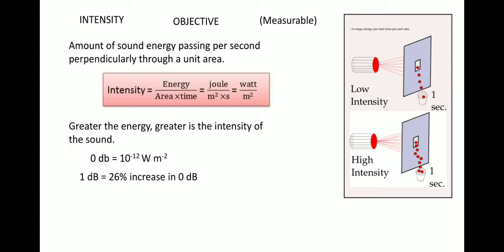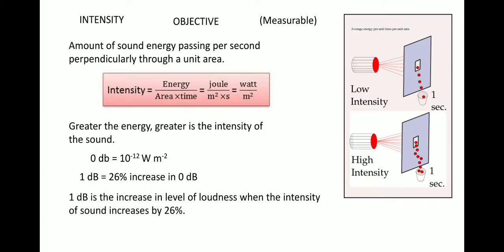So 1 decibel sound, this is very important. The definition of 1 decibel is the increase in level of loudness when the intensity of sound increases by 26%. That means if there is an increase to 2 decibel, then it should be 26 plus 26, 52% increase.